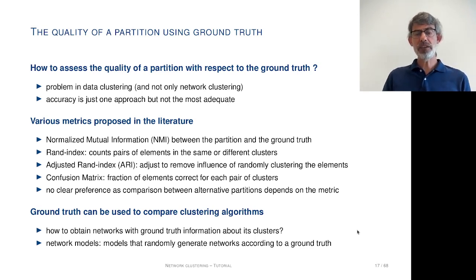Then, when I have a network with ground truth, I can use it to assess the quality of a clustering algorithm. I run my algorithm on this network, the algorithm returns a cluster assignment vector, and I can then assess the quality using the ground truth information. And this is something that we will discuss in part 2 and part 3 of the tutorial.